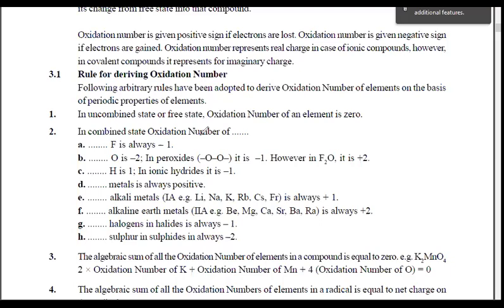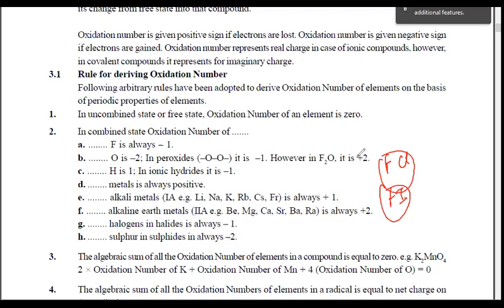Then again, alkali metals, which is group 1, will always be +1. Alkaline earth metals, which is group 2, are always +2. Halogens, always -1. And sulfide, which is S2 minus, is always -2. So these are some electronegative valences that we have to remember. This is in general, when it is with metals.